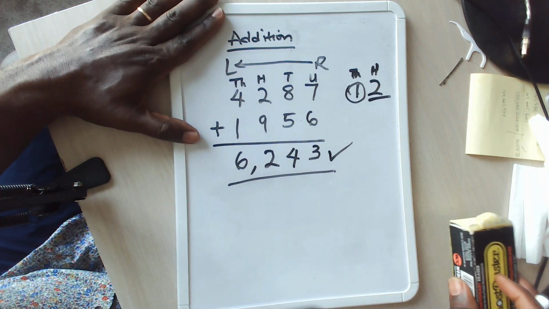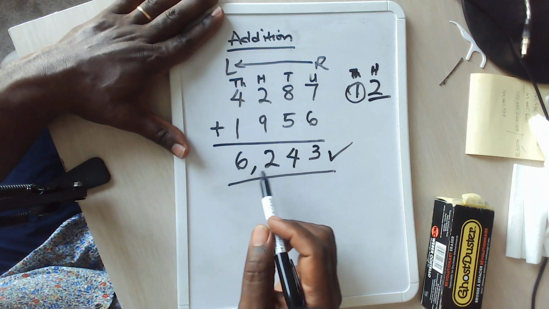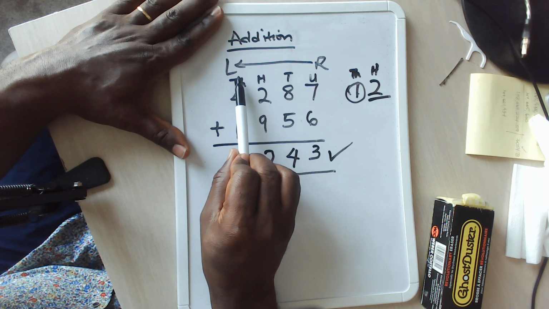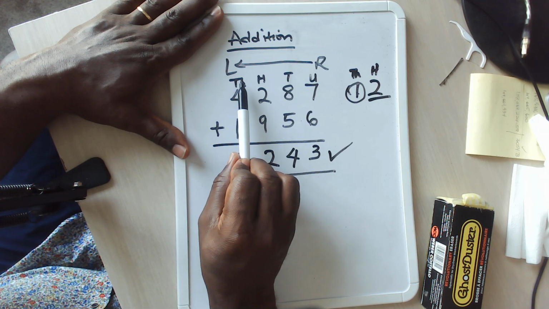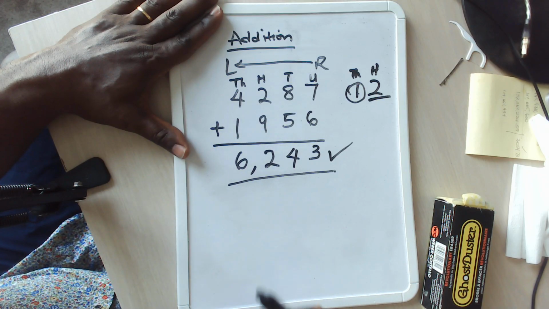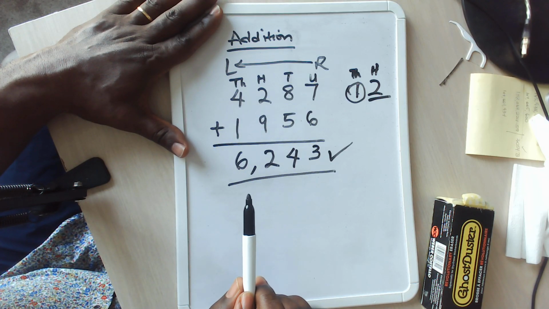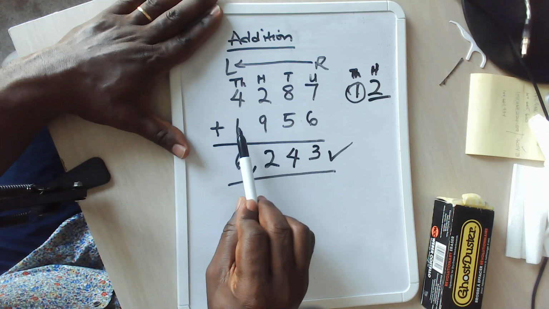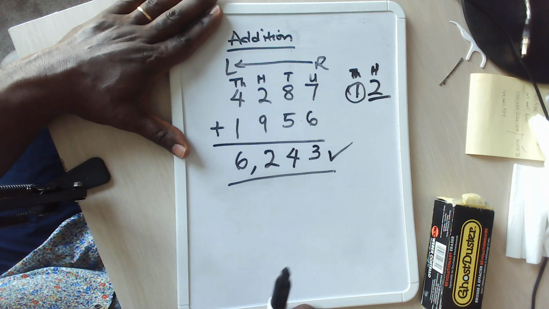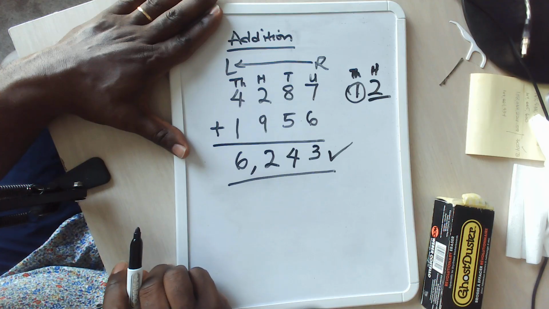Now, you'll see that everything ended in the last column, that's to our left, the column of unit of thousands. But in some cases, there will still be a remainder under this column of thousands. When that happens, what do we do?